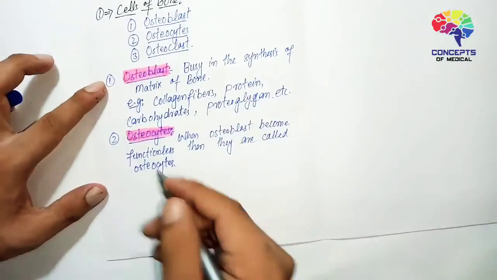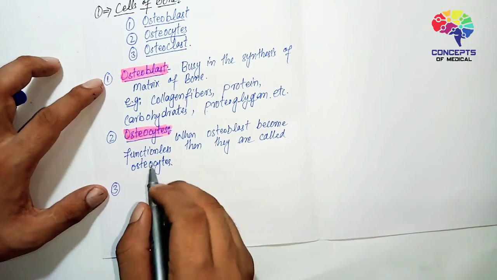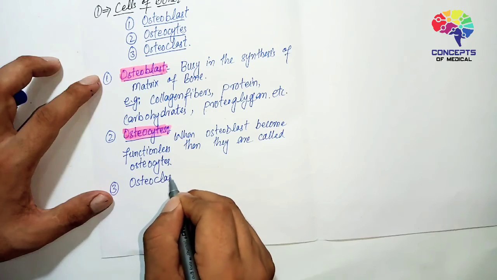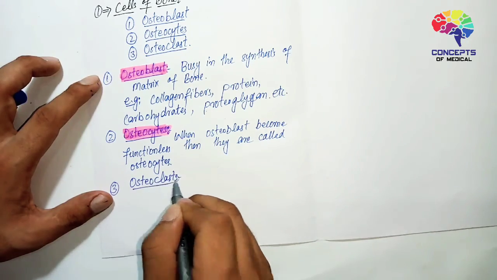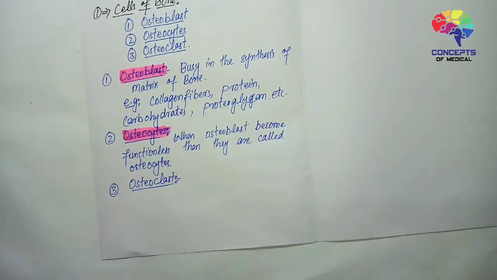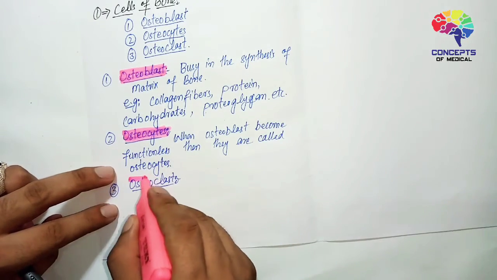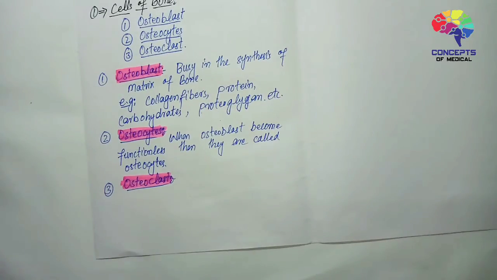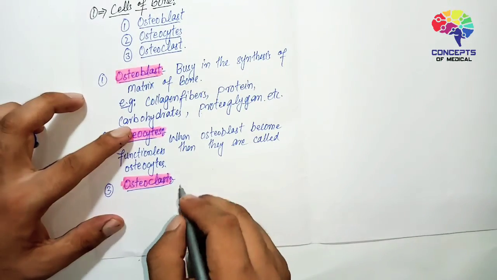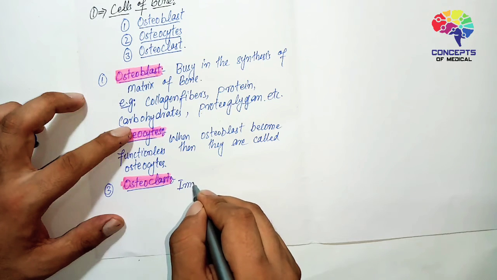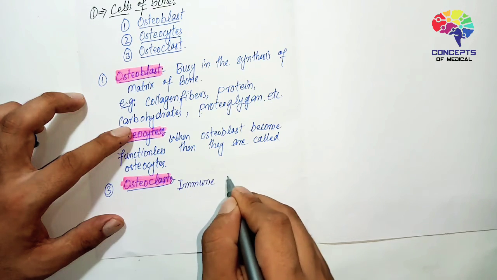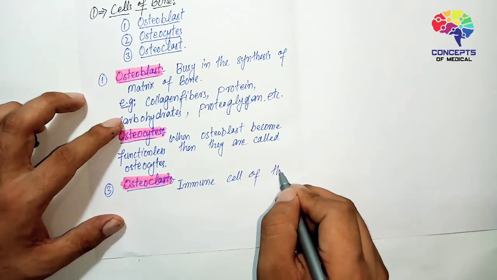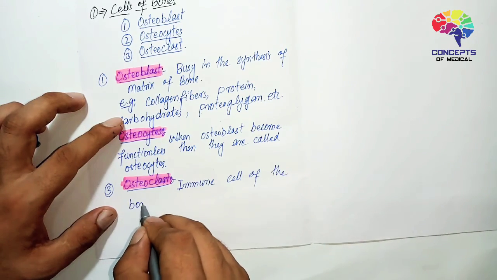So the third type is osteoclast. Osteoclast is actually the immune cell of our bone. Immune cell, what does it mean? It means they play a major role in the immunity of our bone. The immune cell of the bone, right?